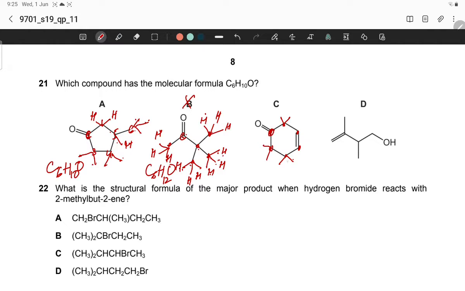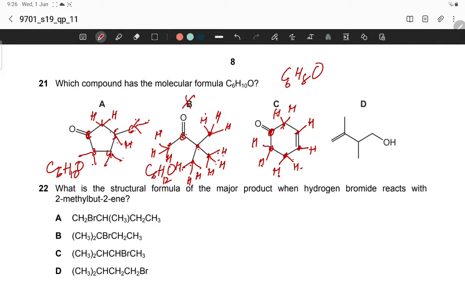Carbon, H, 1 2 3 4 5 6, C6, 1 2 3 4 5 6 7 8, C6H8O.